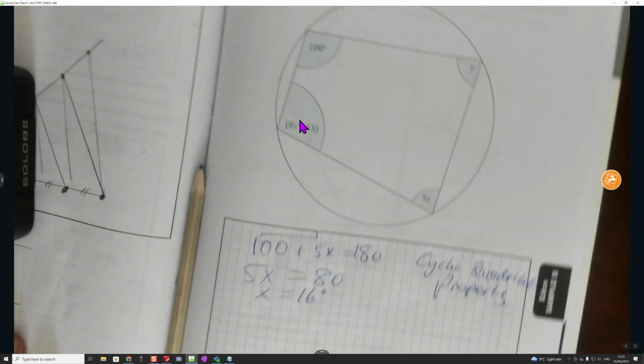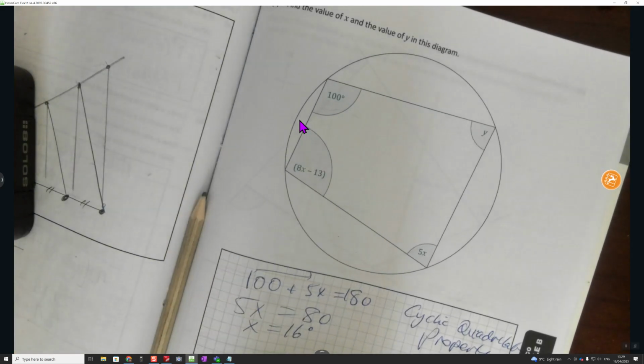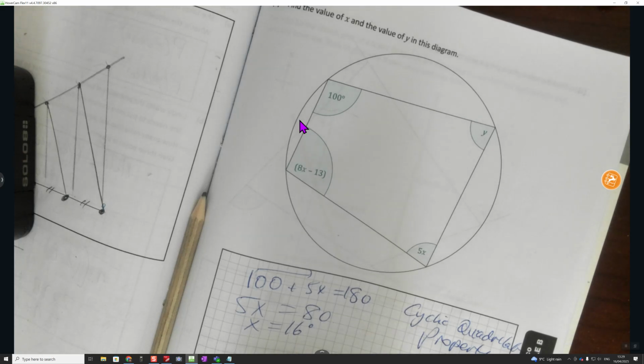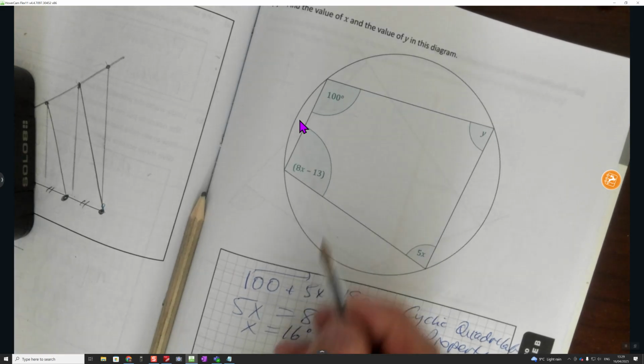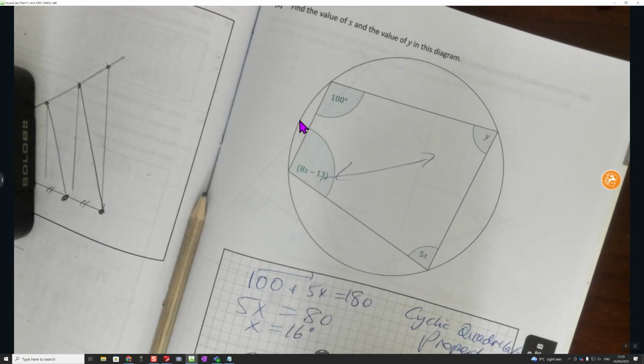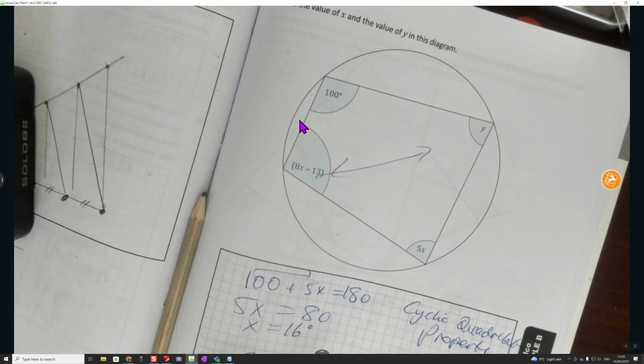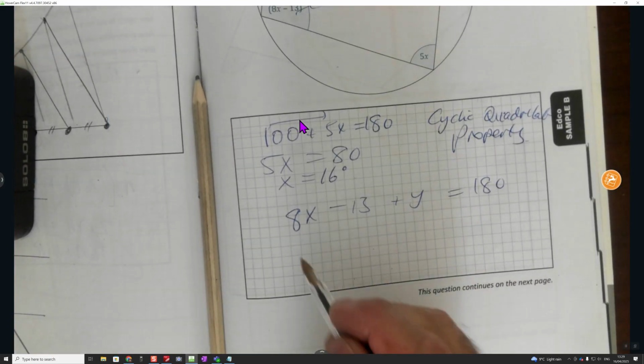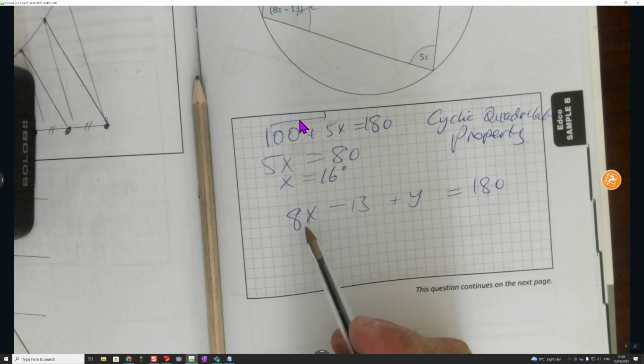So the next thing we want to look at: we know that x is 16, and now we know that 8x take 13, plus y, these two opposites also have to add to 180. So 8x take 13 plus y equals 180, but x of 16 can now be substituted.